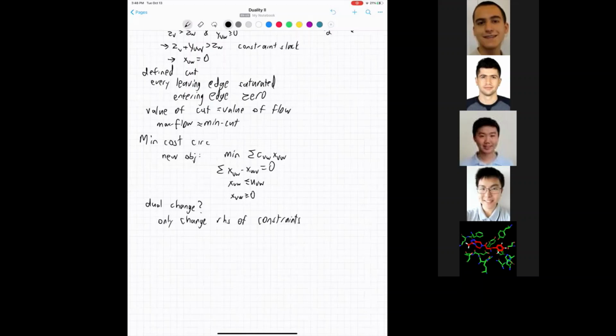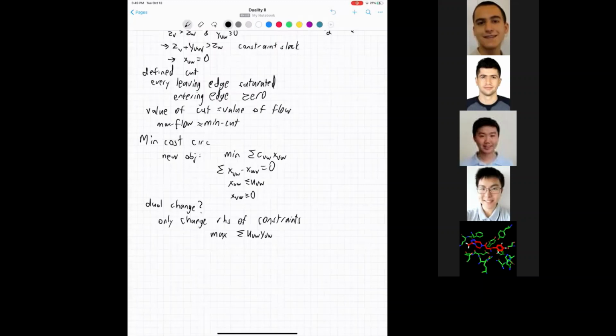And that means I can write down the dual LP as pretty much the same as before. We now want to maximize, just like before, the sum of UVW YVW. Why didn't this change? Because these coefficients come from the right-hand sides of the primal constraints, which haven't changed.